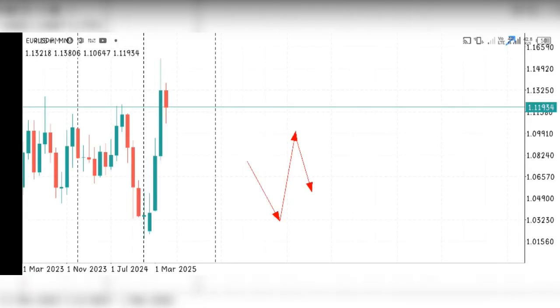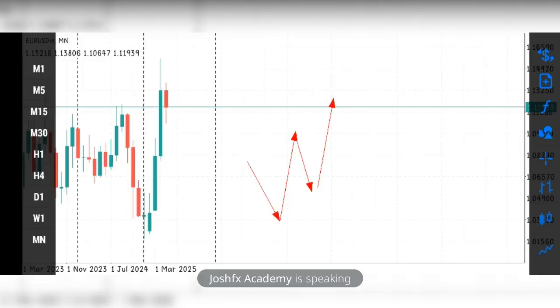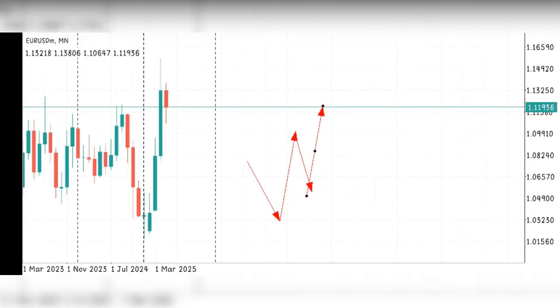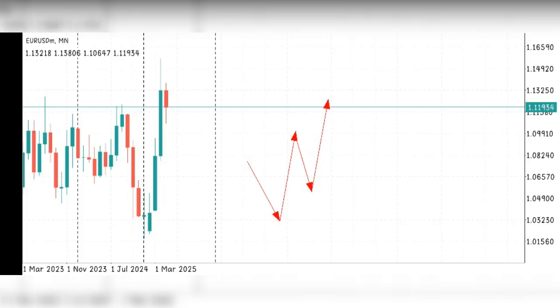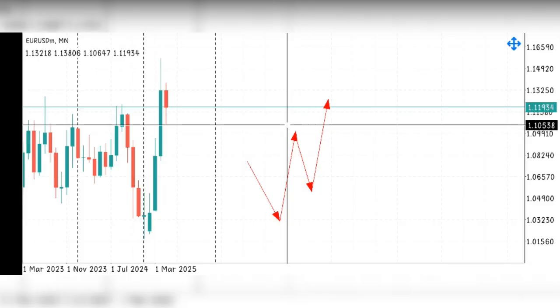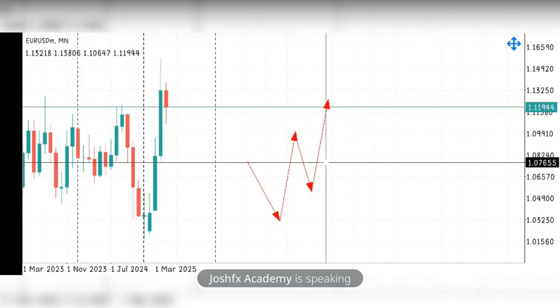When you observe this, you know that the external range liquidity has been raided. The market has taken out the external range again. What are we expecting? We're waiting for the market to come back to the internal range again.